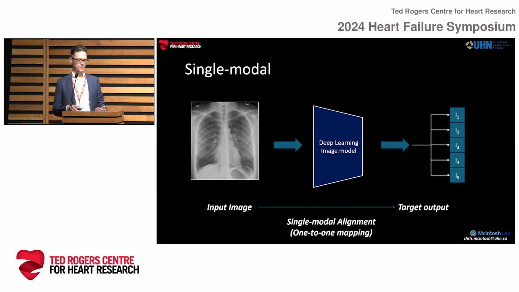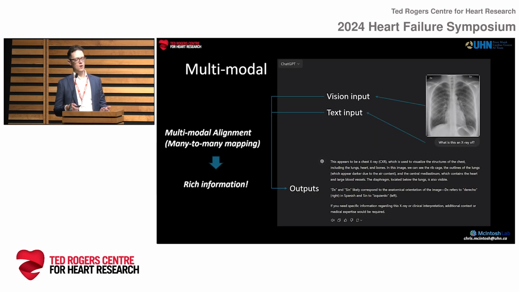So very simple. Now, when we go to multimodal, instead of taking a single modality of data in, like an X-ray, we can input multiple modalities, so text, for example. You have probably seen ChatGPT by this point, unless maybe you are living under a rock. And if you've seen ChatGPT, you may have also noticed that now you can put images into ChatGPT, and you couldn't do that when it first came out. Although that seems like a long time ago, it was really only about 1.5 to 2 years ago.